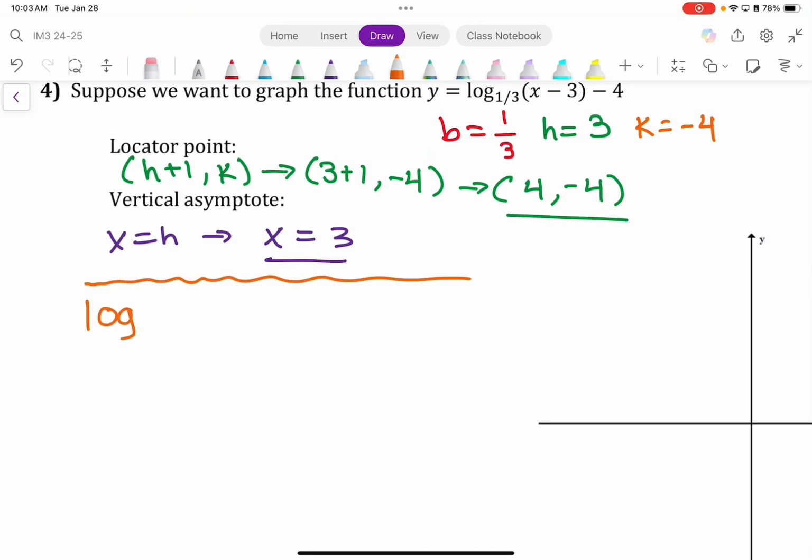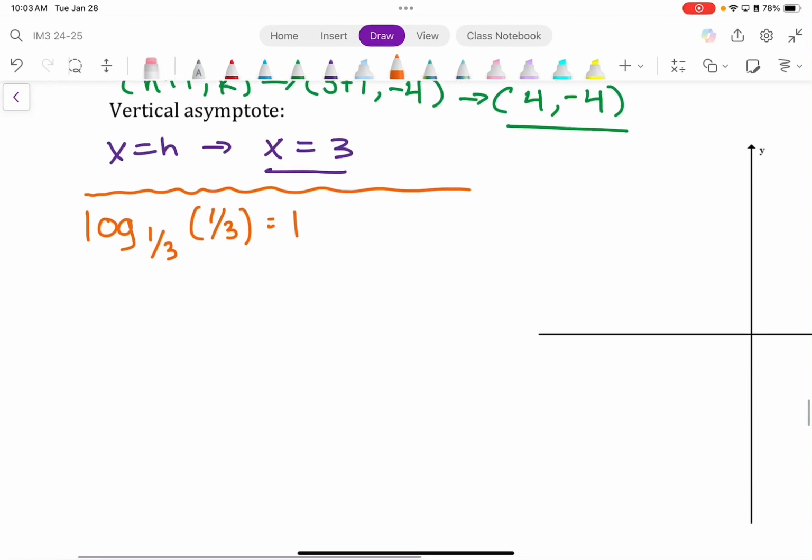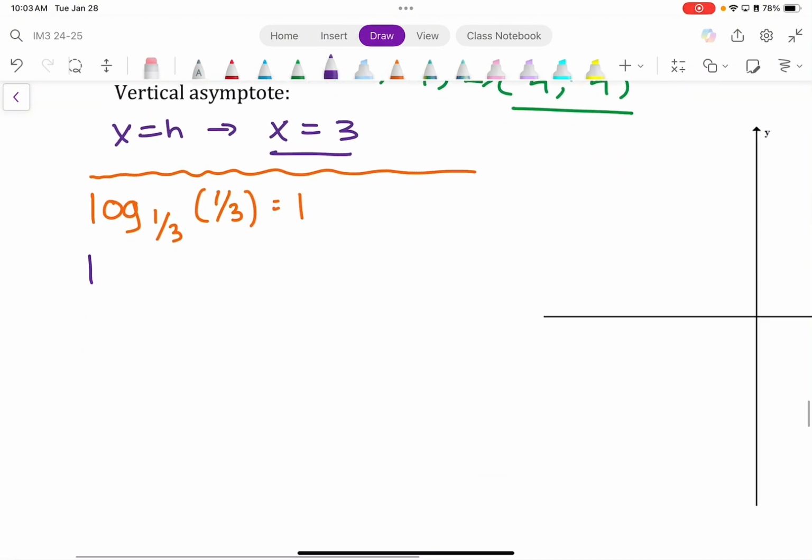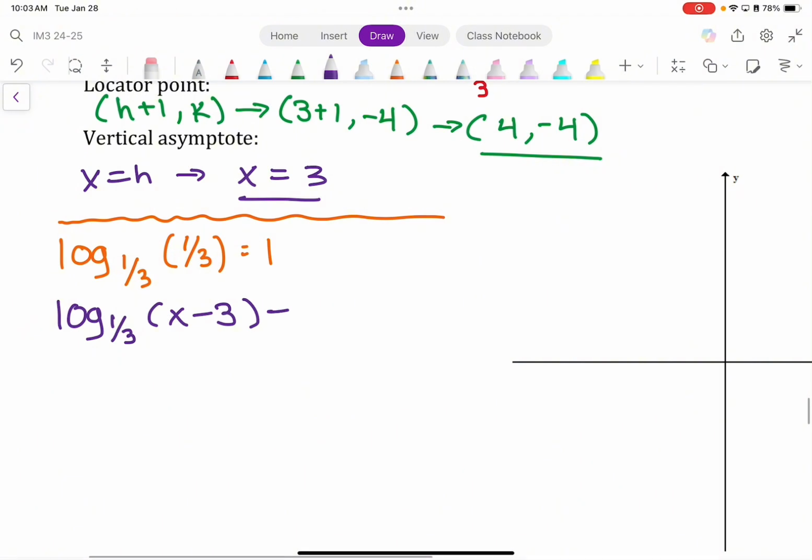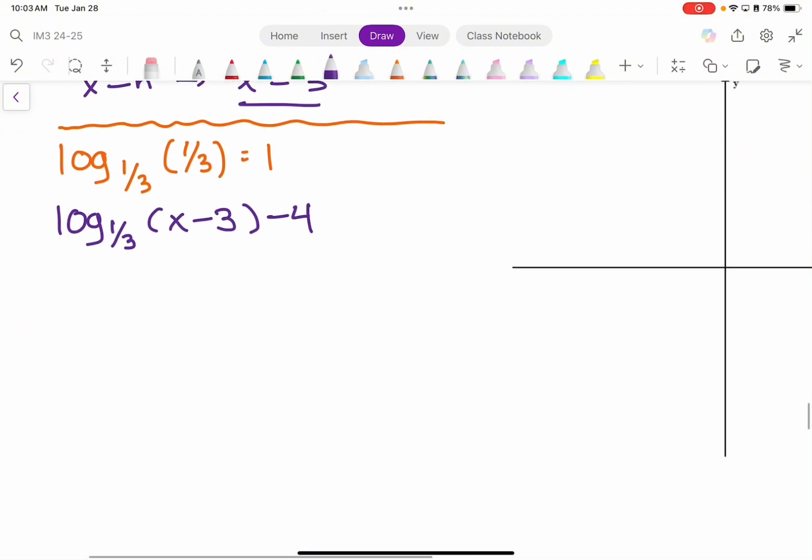So we want log base 1/3 of 1/3, since we know that's going to equal 1. Right? Okay. But we don't have log base 1/3 of x. We have log base 1/3 of x minus 3. So really we have log base 1/3 of x minus 3, minus 4. So we want the stuff on the inside, we want the inputs to be the same.